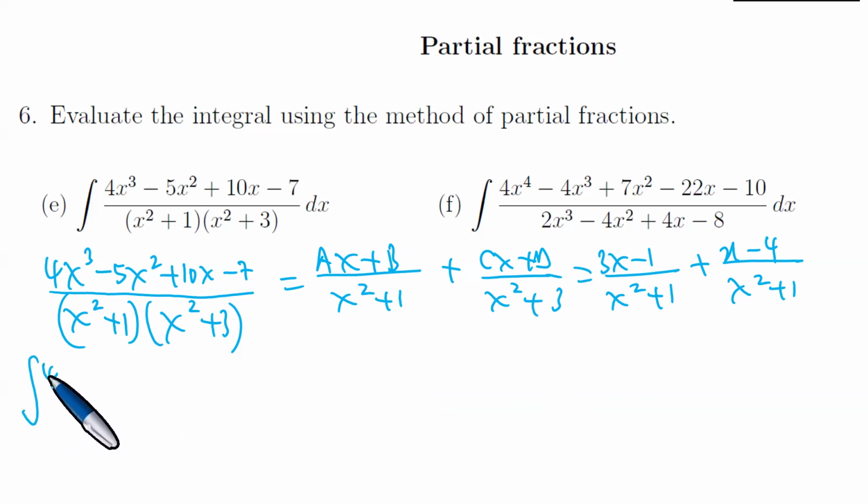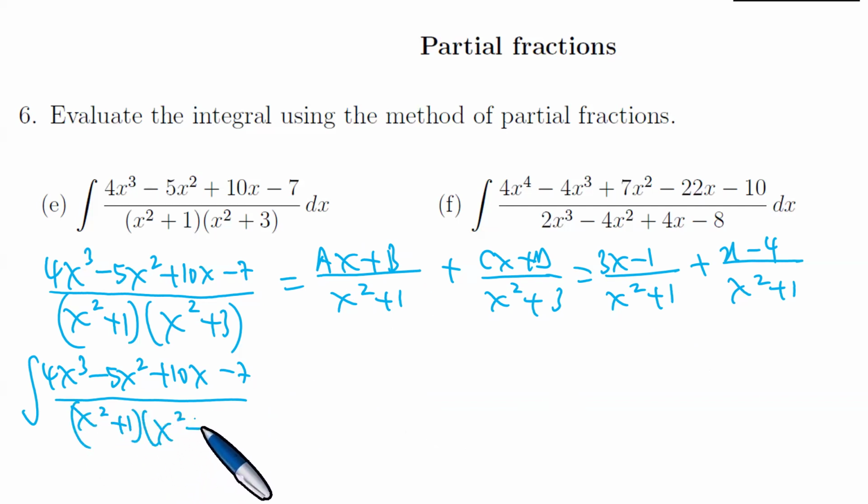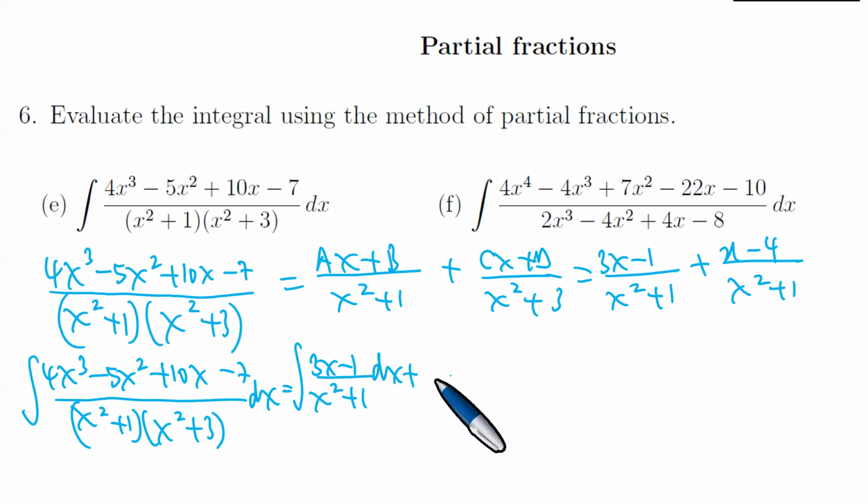The integral of (4x³ − 5x² + 10x − 7)/((x² + 1)(x² + 3)) dx is the integral of (3x − 1)/(x² + 1) dx plus the integral of (x − 4)/(x² + 3) dx.